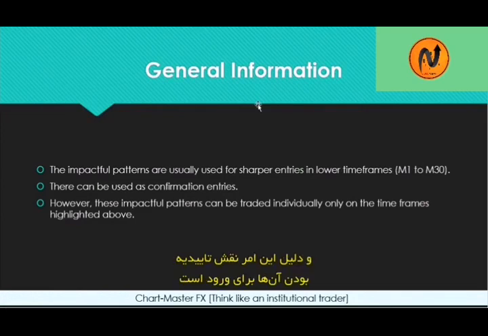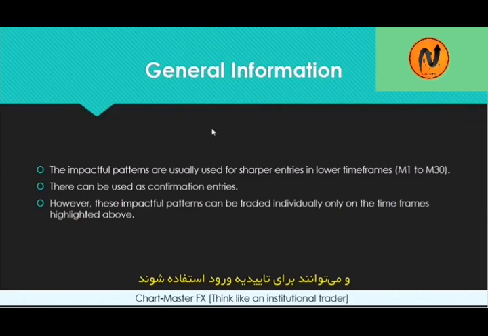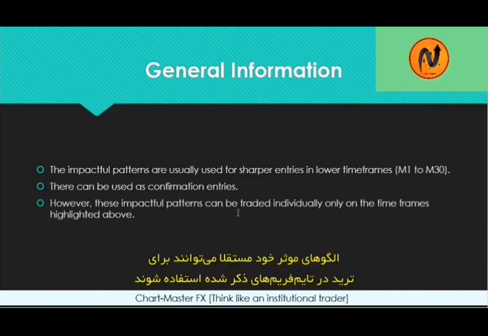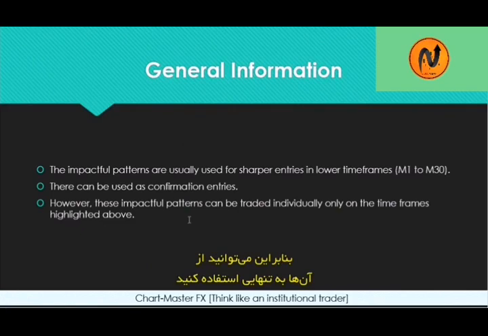That's where it is more effective, since it is a confirmation entry. They can be used as confirmation entries, as I have said. However, these impactful patterns can be traded individually only on the time frames highlighted above.